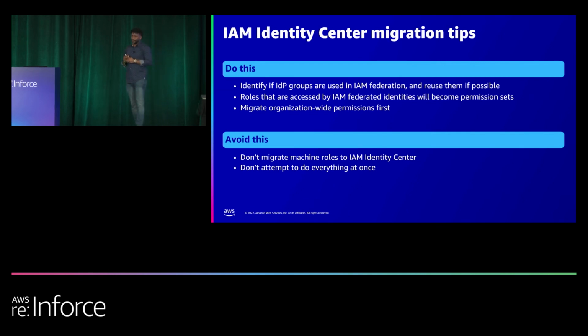Now, this IAM Identity Center solution is for people. It's workforce identity. It's not for machine roles. So if you have machine roles, you want to keep those intact and just use the same system that you've been using to leverage these machine roles in your accounts.